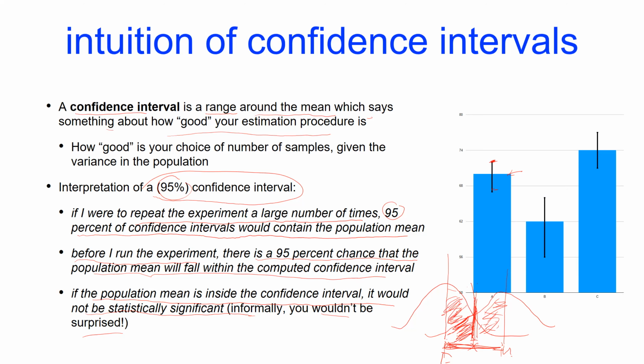The region to the left, this guy is X bar. This is your actual estimation, your actual sample mean. So you want the region to your left and the region to your right each to take half of, let's say, the 95%. This in total will be 95%.